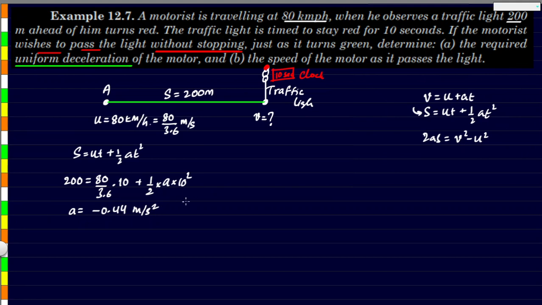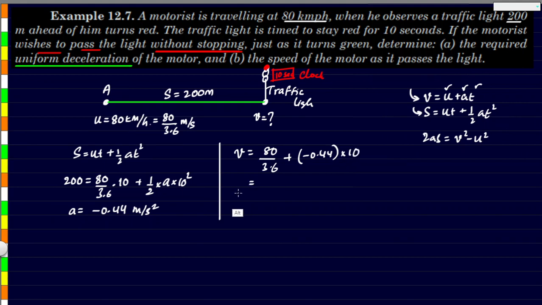So now that we have the acceleration with us, we can easily find the final velocity. And for that we could just go ahead and use this, because now we know the initial velocity, acceleration, as well as time. So let's go ahead and find this. Initial velocity is 80 by 3.6, plus acceleration is negative 0.44, and time is 10 seconds.